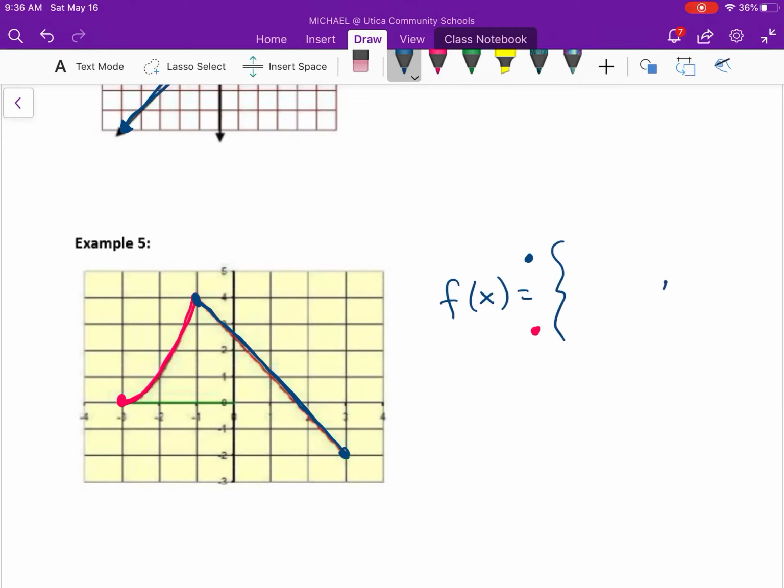So the blue function is when x is between -1 and 3. And the pink function is when x is between -3 and -1.